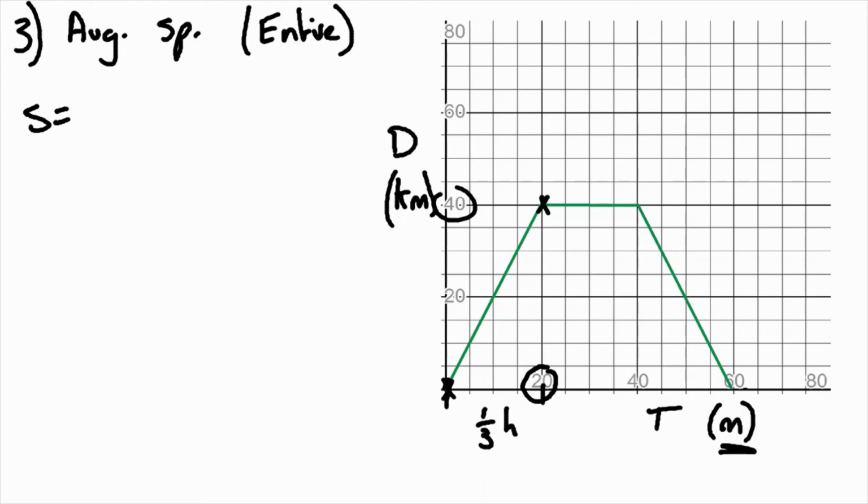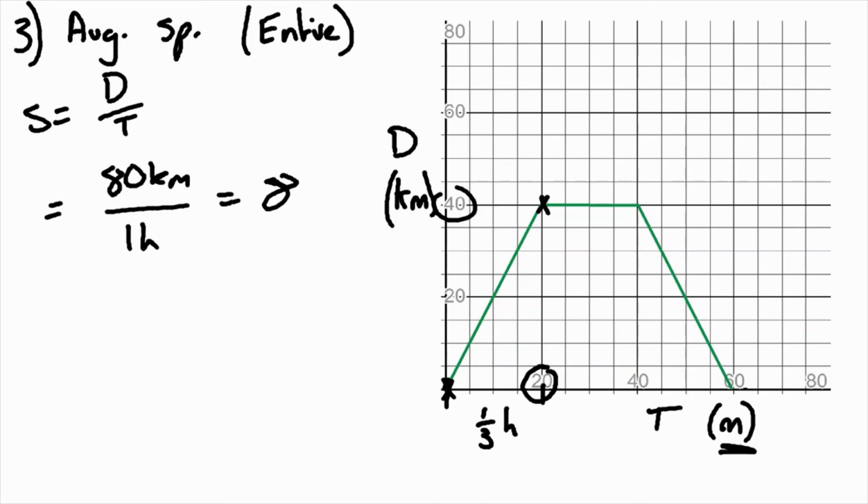So we're going to do speed equals distance divided by time. Our distance was 80 kilometres, and our time, we're going to be doing it in kilometres per hour, is 1 hour. So our average speed for the entire journey is going to be 80 kilometres per hour.